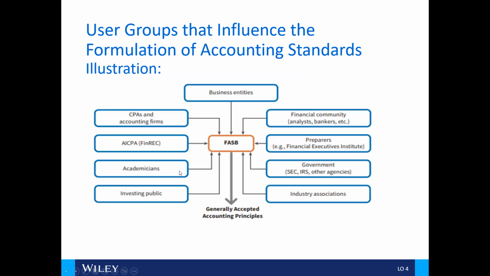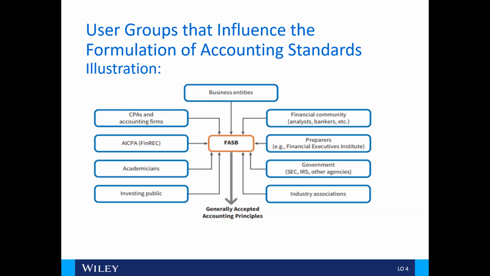It includes us, individuals that are in college learning the information, and those teaching the information. It includes us from the standpoint that we're working there, whether we're working in accounting firms, members of the profession, working for private businesses, working in government, doing audits, investors, the business entities themselves, the AICPA, the American Institute of Certified Public Accountants, and all of those industry associations.